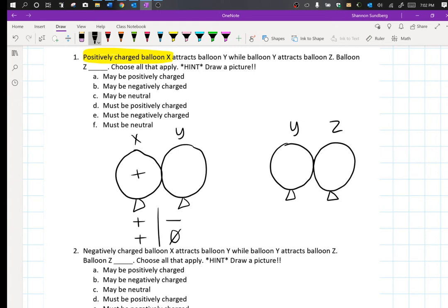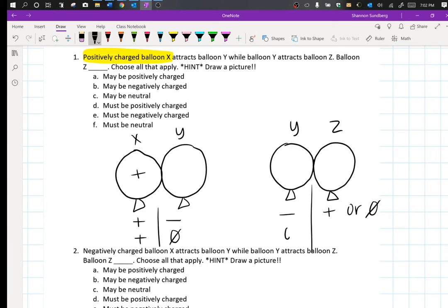Well, in the next scenario, I'm just going to carry over those Y charges. So if Y is negative, Z could be positive. It could also be neutral. Those are 2 options here.